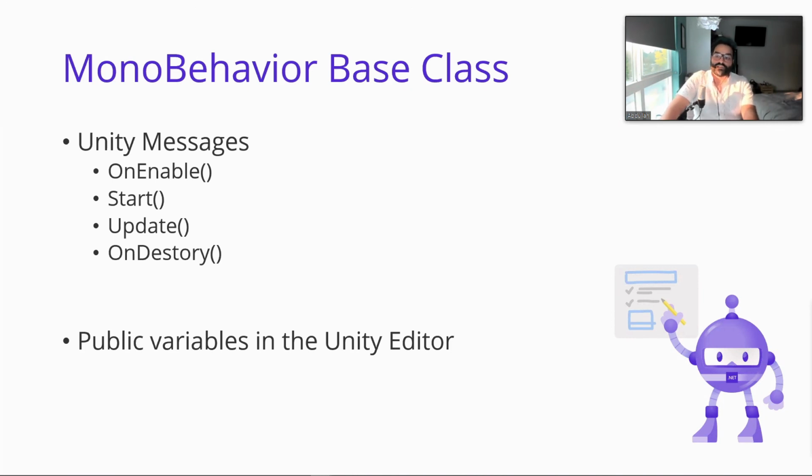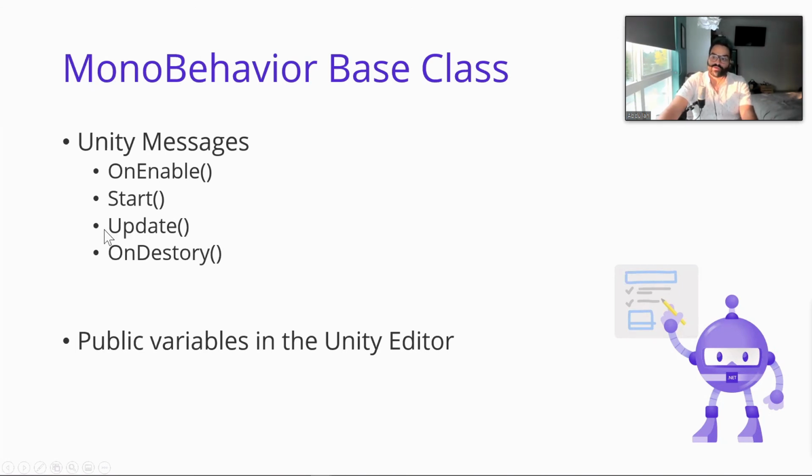periodically. For example, when an object first gets enabled, for example, that check mark in the inspector, whenever that's checked, OnEnable runs, and then Start also runs after OnEnable whenever a MonoBehaviour class runs, and then Update will actually run once every time a frame gets drawn on the screen.